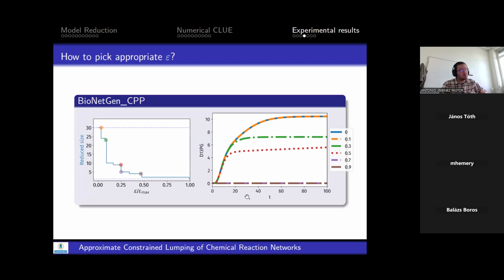And here on the right, we have plotted the variable that we were observing depending on these points on the graph. And we see here that the blue line is the exact line, so this is the actual value of the concentration of this species in the model. And we can see that if we have a small epsilon, we are still on the exact line, then the result is exact, good.